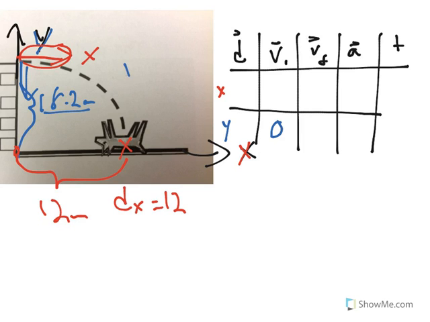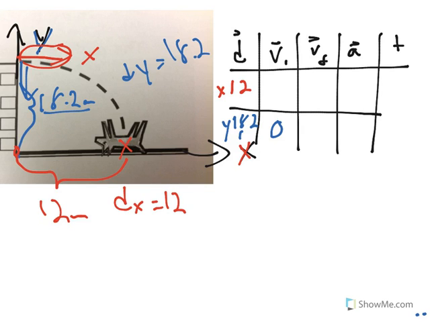So this is dy is equal to 18.2. So now we fill out our chart. This is 18.2, and this is 12.